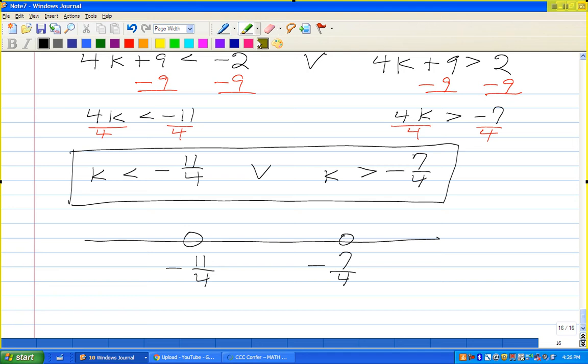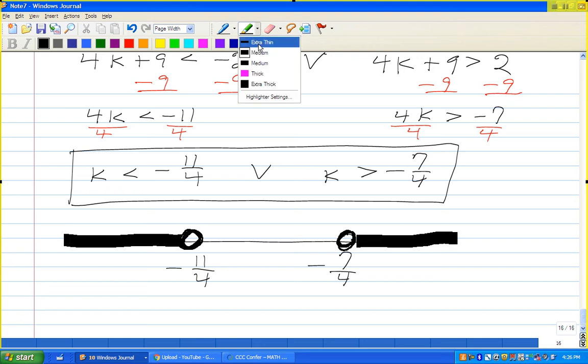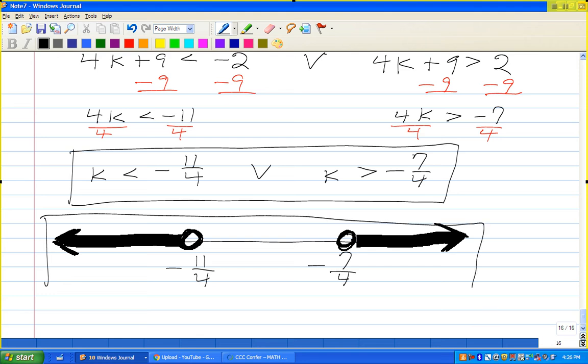Okay, so we do not include the endpoints because there's no equal sign, but we do include things that are less than negative 11 over 4, greater than 7 over 4, and that is my graph. That is the solution.